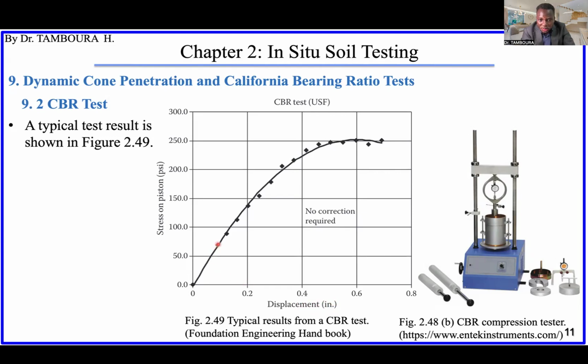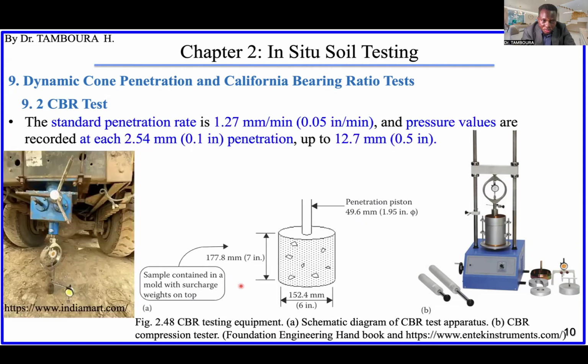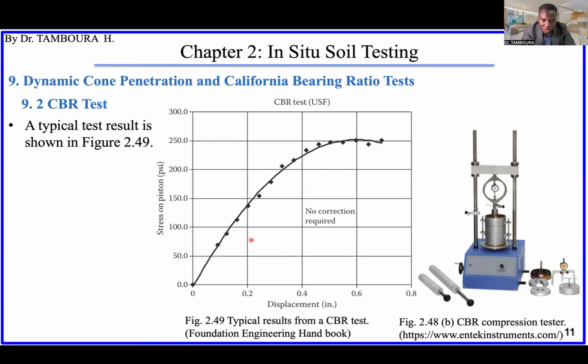But what we want, if you remember, is to measure the pressure at each 2.5 millimeter, 0.1 inches. This is 0.1 inch.